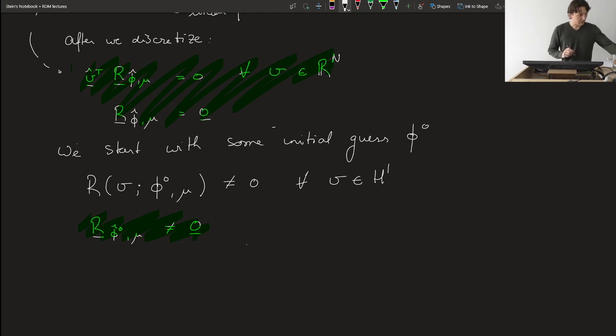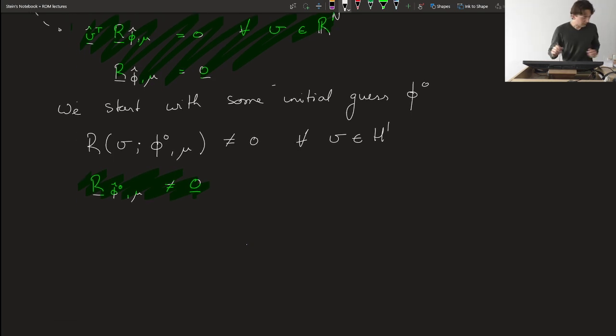Again, functional analysis and linear algebra equivalent. And the way that we should also interpret this is that these are now actually also solution coefficients, right? So this is also some sort of function in Rn.